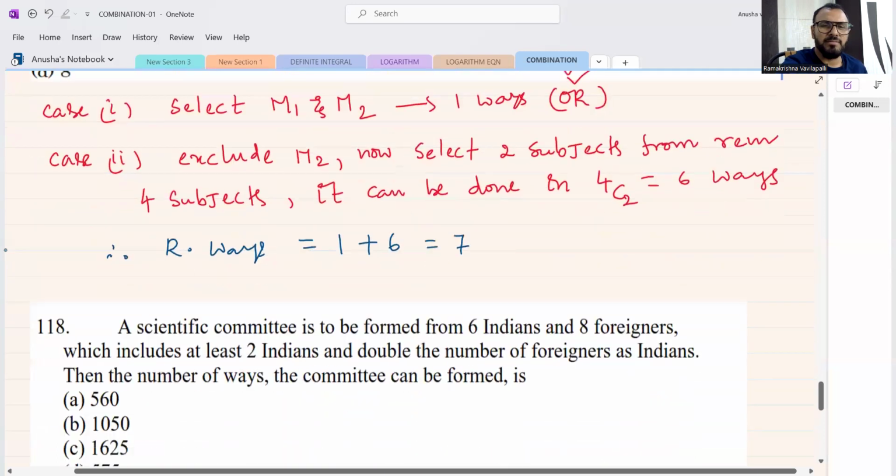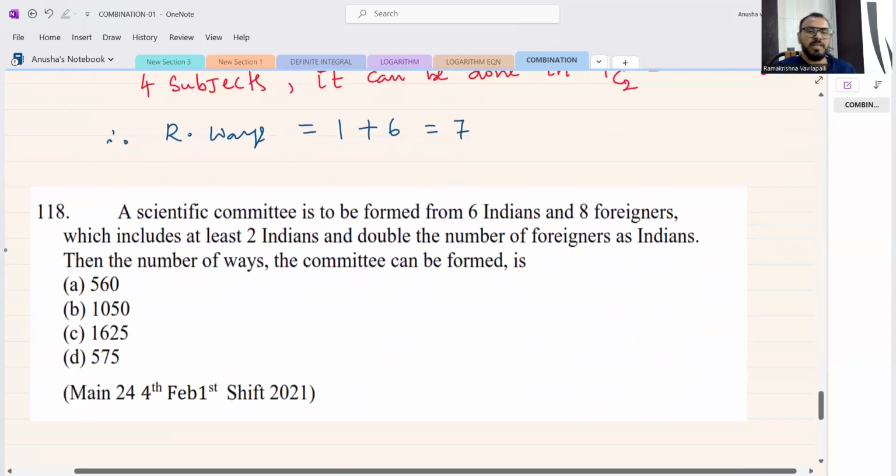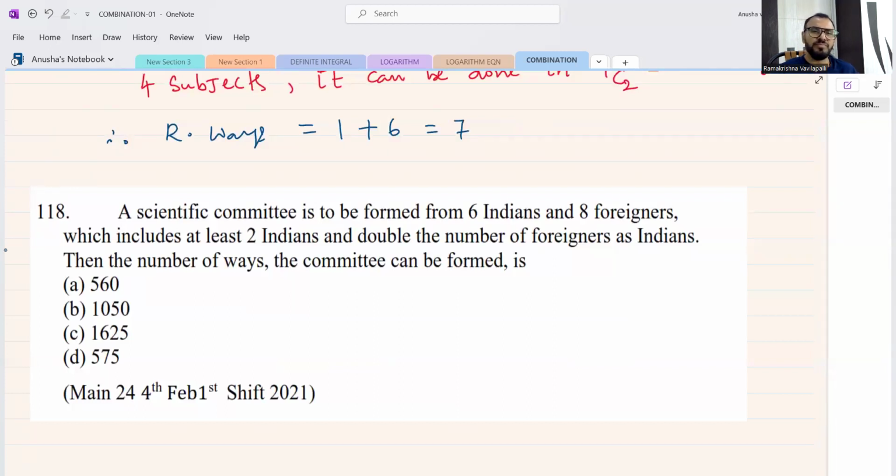Well, coming to the next question. This is a previous JEE Main question, of course. It is at the level of the CSAT exam.